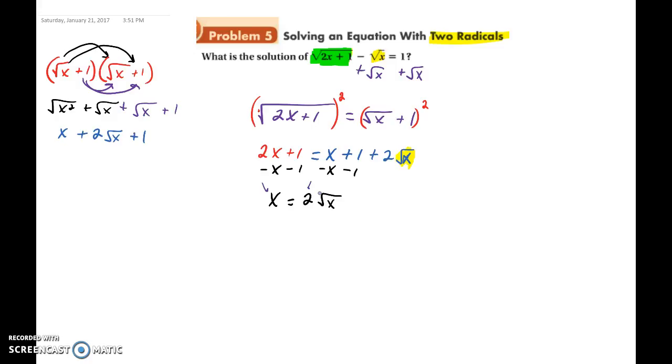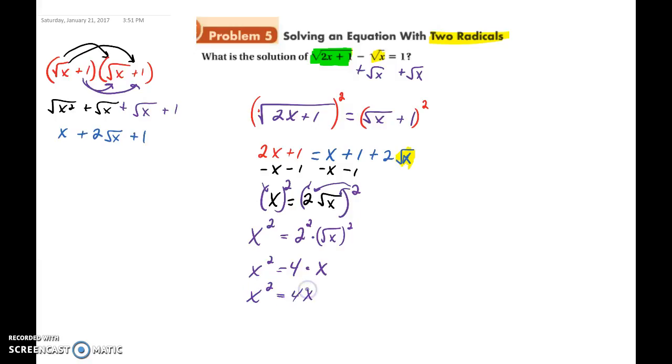Since we can't divide that, we're just going to square each side, but make sure this power gets distributed to both the 2 and the square root of x. So this becomes x squared is equal to 2 squared times the square root of x squared. So x squared is equal to 4 times the square root of x squared, which is x. So x squared is equal to 4x.